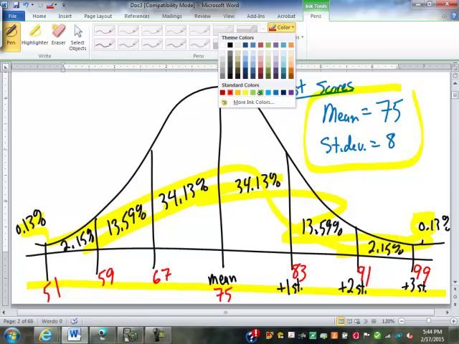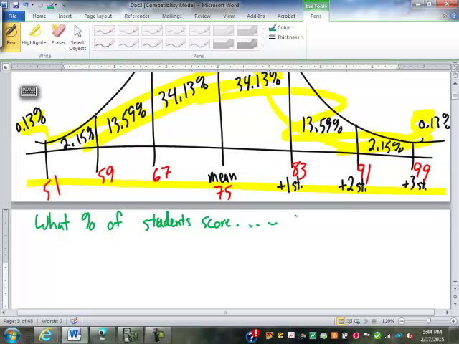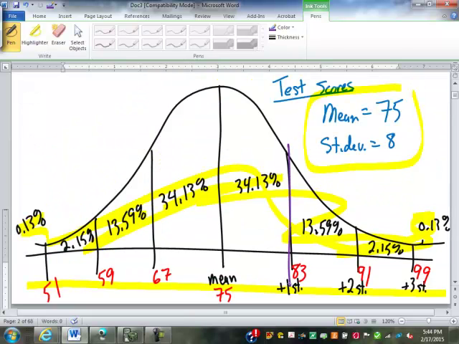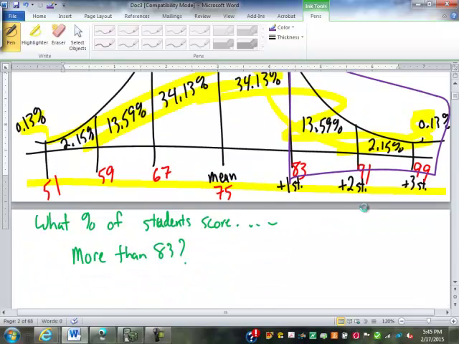Well, let's say we want to know what percent of students score more than 83. Well, we come up here, here's 83. More than that would be going in this direction. So we add up those percents, and it's going to give us 15.87%.